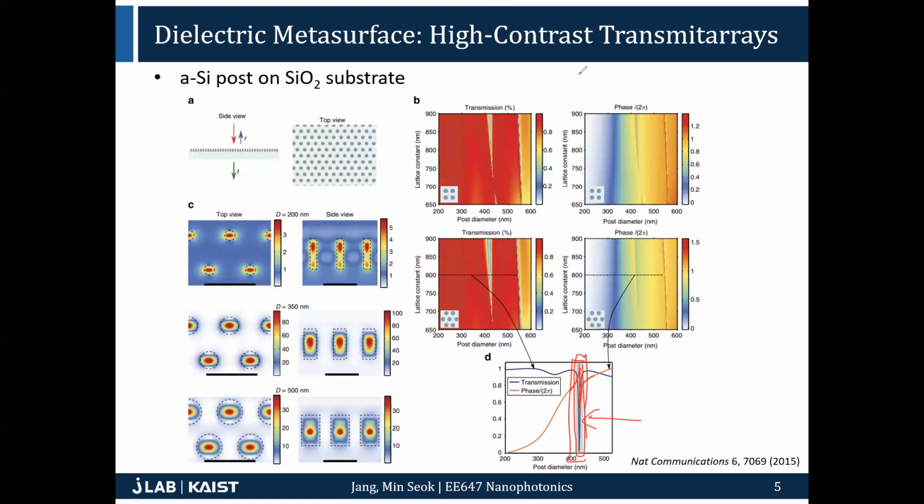And in this example, this resonance was an unwanted artifact. Okay, people just wanted to use this regime where you can have a nice high transmittance with a large nice variation of the phase, and this was an artifact.